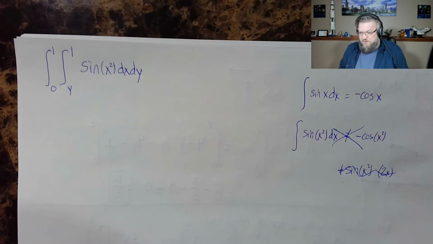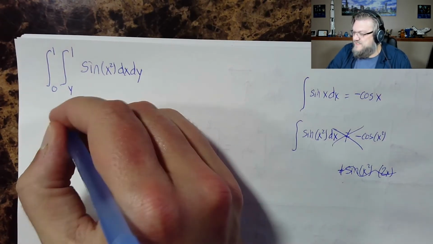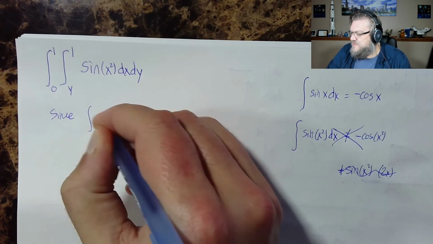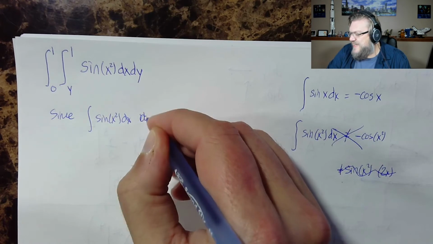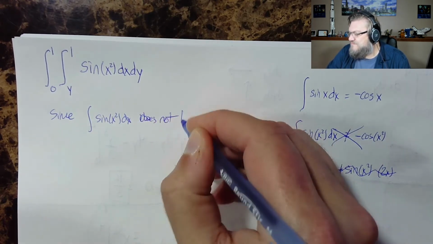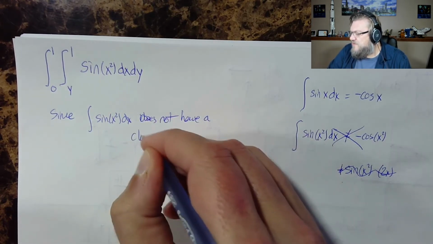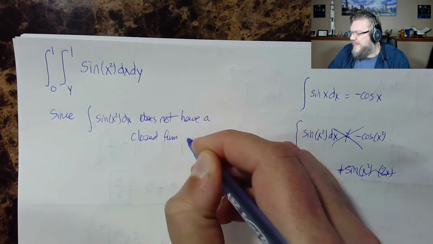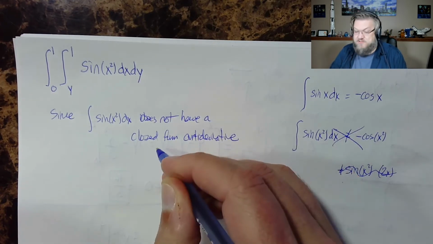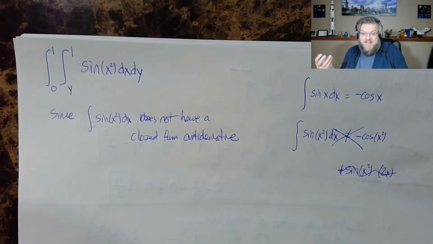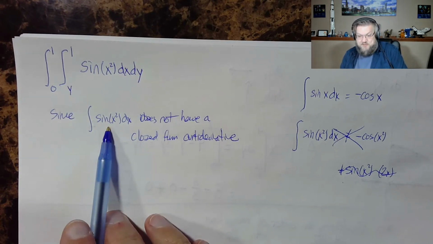Well, if you're stuck with a dx dy, let's try the other way. Since the integral of sine of x squared dx does not have a closed form antiderivative. When I say closed form, it just means that numerically I can get at it. So it's not saying that it doesn't have an antiderivative. This is integrable.